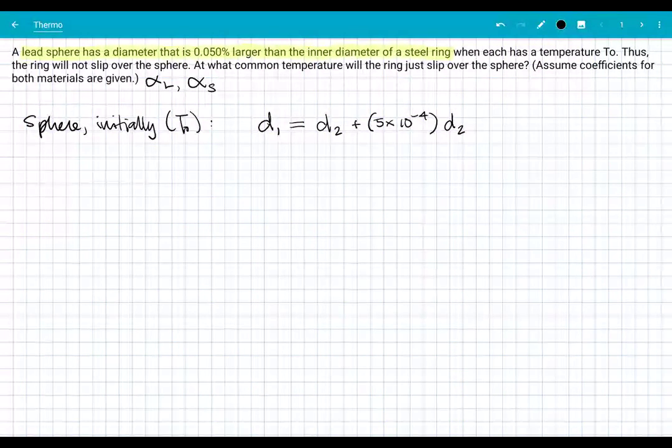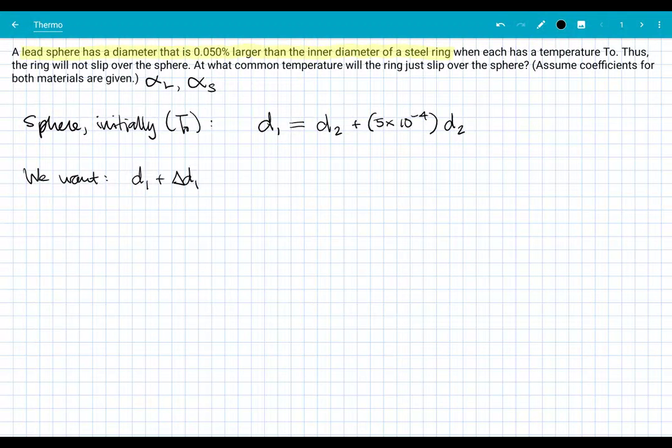So if the sphere and the ring are just supposed to fit inside each other, the condition we want is we want the sphere plus whatever change happens in the sphere to be equal to the ring, the initial, right, plus whatever change happens to the ring. So basically this quantity here is like the final diameter of the sphere. This quantity here is the final diameter of the ring, right, at the new temperature.